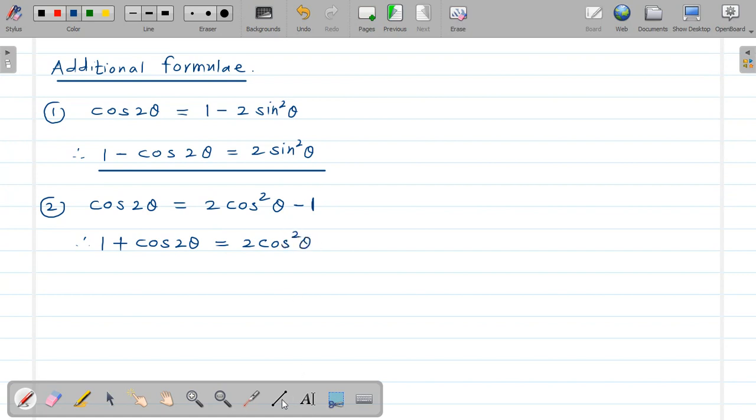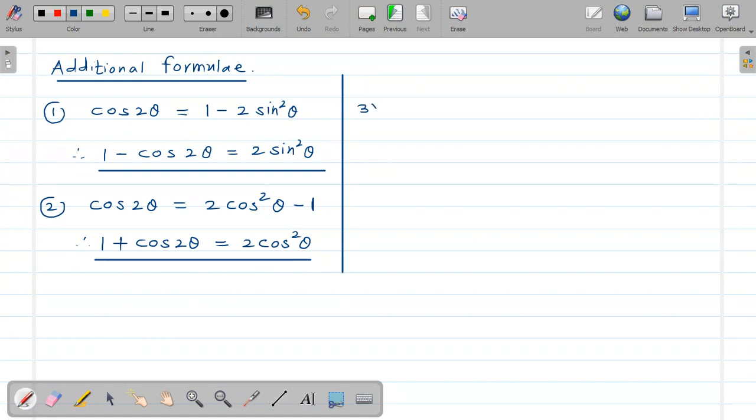So you have to remember this as another additional important double angle formula. So what we have to remember: 1 minus cos 2 theta is equal to 2 sin square theta and 1 plus cos 2 theta is equal to 2 cos square theta. Remember these two as additional important formulae.